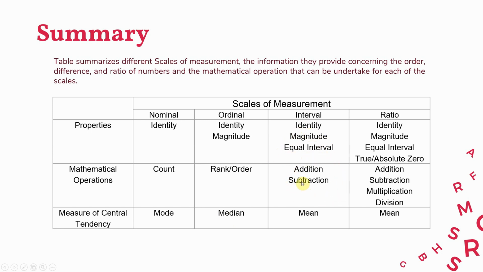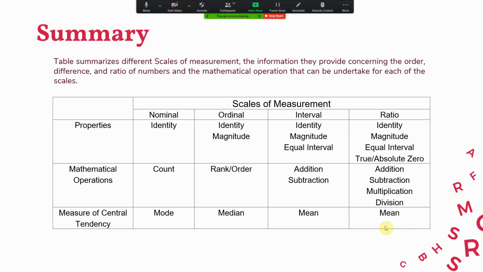The operations that you can perform are addition and subtraction. The measure of central tendency is mean. In ratio, you've got identity, magnitude, equal interval, absolute zero. And all different mathematical operations can be performed. And the measure of central tendency is mean.